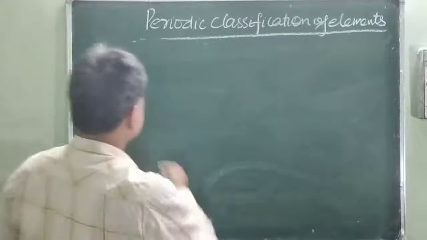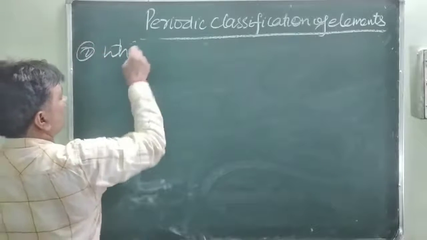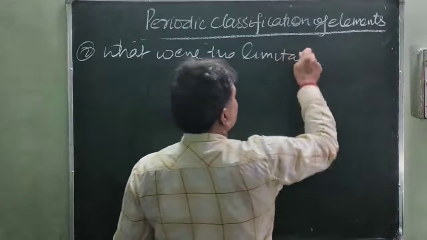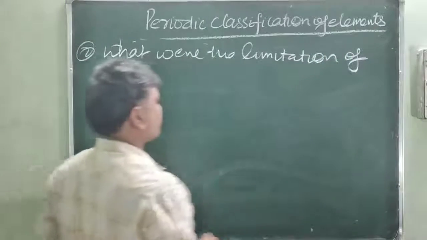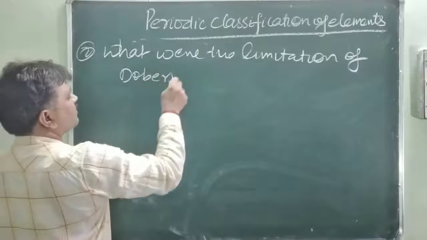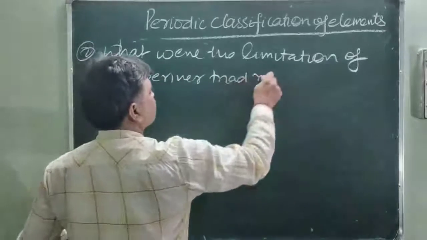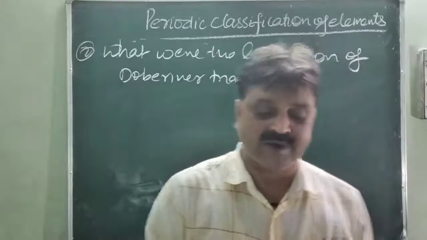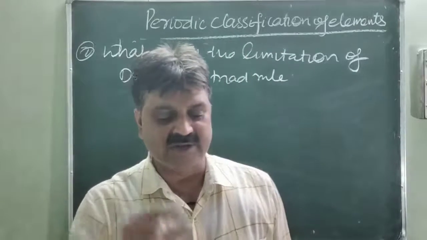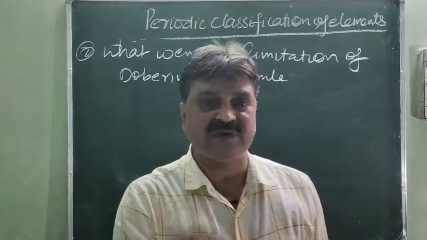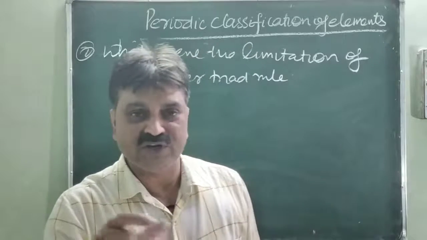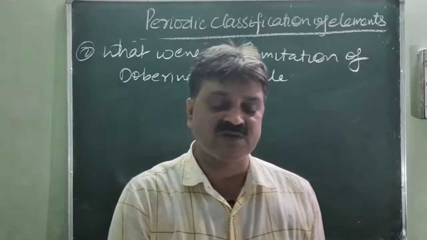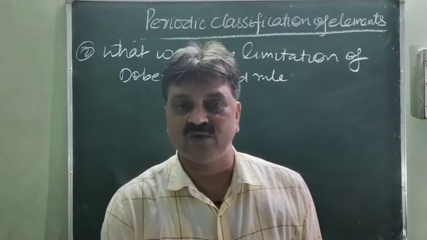The second question: what were the limitations of Dobereiner's triad rule? The limitation is very clear: the elements present at the time of Dobereiner were not all arranged in the sequence of triads. Only 3 or 4 sequences were made by Dobereiner of elements with the same property on the basis of his concept. The rest of the elements did not follow Dobereiner's triad sequence.